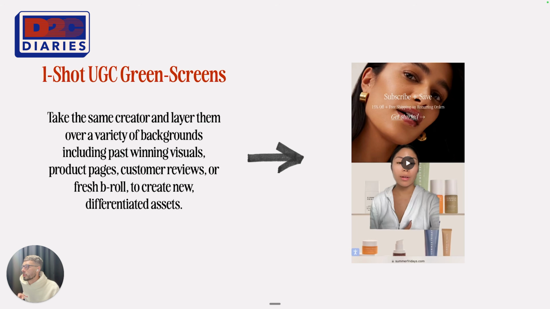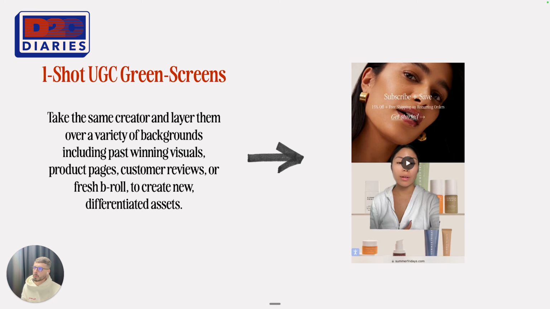I think another one you can do is a one-shot UGC green screen. So this is another way you can really differentiate the visuals. You can take a standard UGC concept from a creator that maybe is a top spender. If you've got her speaking face to camera, as we know, there are apps like CapCut, Premiere that now can just remove the background entirely, and you can put it in a completely different setting.